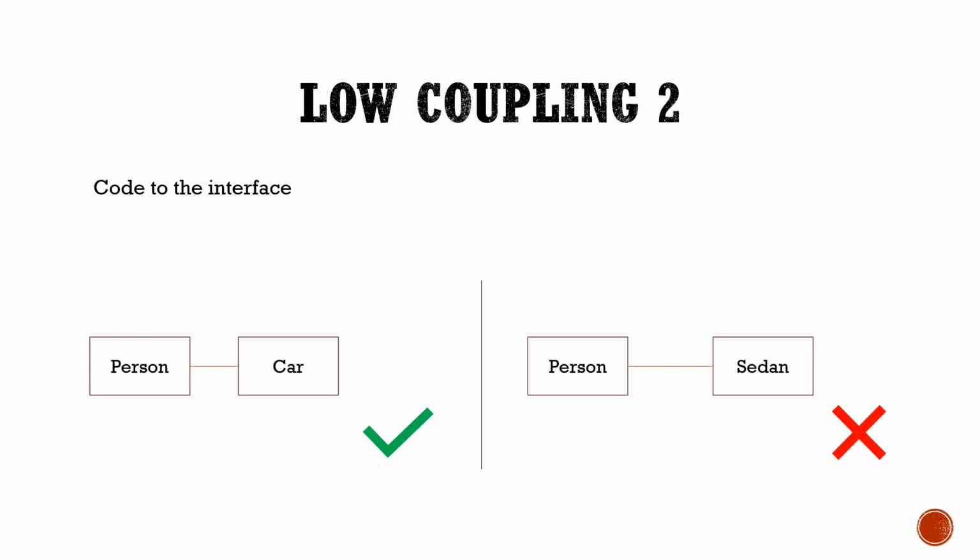We can swap the implementation to any car implementation, and by having the car as the dependency, it offers us more variation without changing everything in person, like if we want to change the implementation to sedan or truck or something like that. In that case, the person class doesn't need to change.